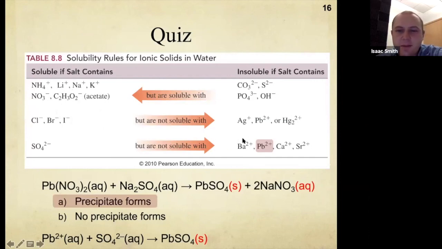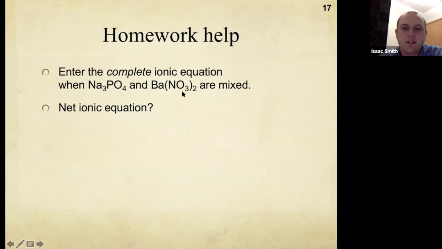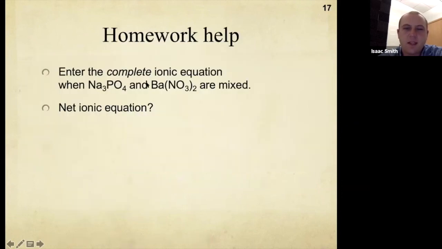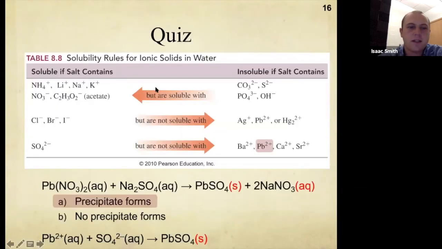You can see barium down here, but it's basically only insoluble if it's paired with sulfate. So barium nitrate is soluble. Then we had sodium nitrate, where sodium and nitrate are both on this side, so that one is soluble. And then we also had barium phosphate.